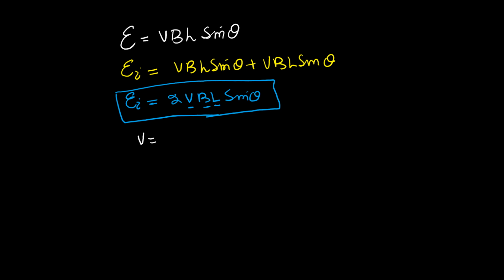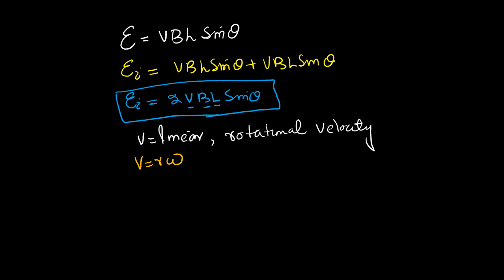V is a linear velocity, and we need to convert this linear velocity into a rotational velocity. Since you know the relationship between linear velocity and rotational velocity is that V is equal to R into omega, where R is the radius of the armature. So this means that rotational velocity is omega.